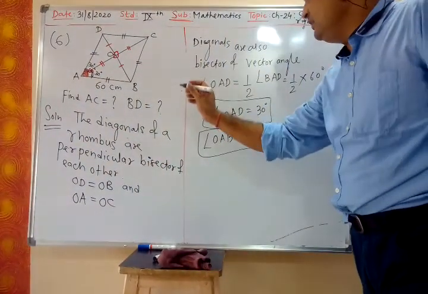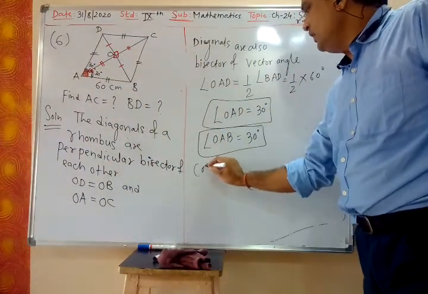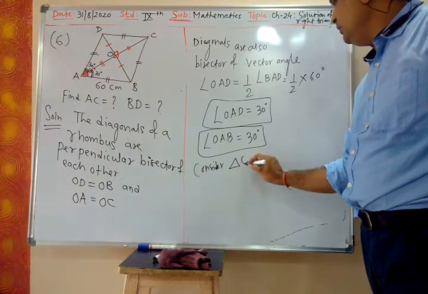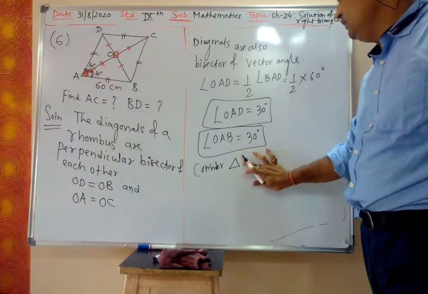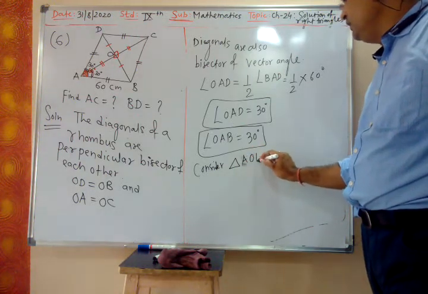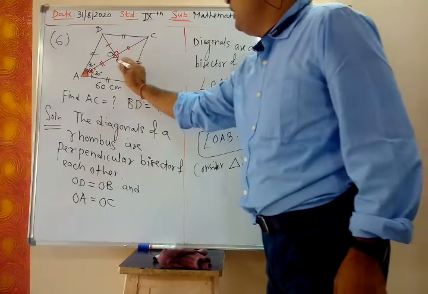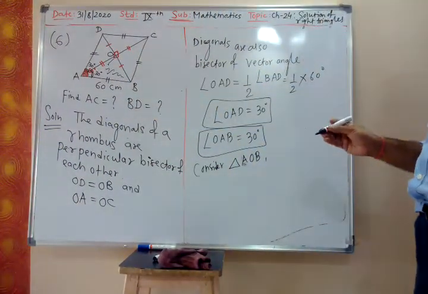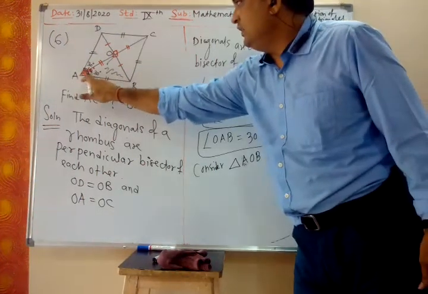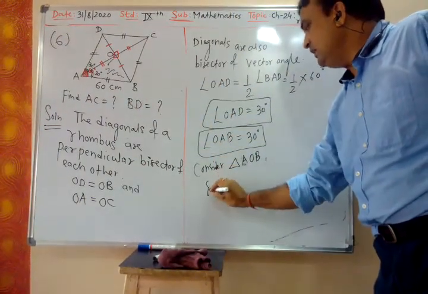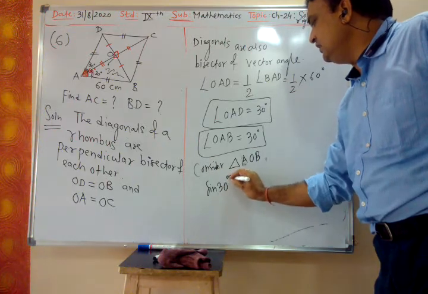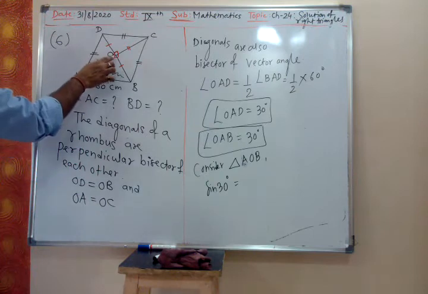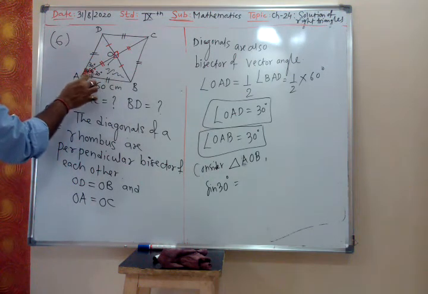Yes. Now I will consider this smaller triangle, triangle AOB, a right angle triangle. Now this angle A is 30 degrees, so we consider sine 30 degrees. For triangle OAB, what is sine 30 degrees?